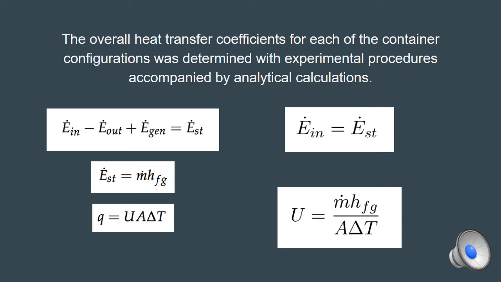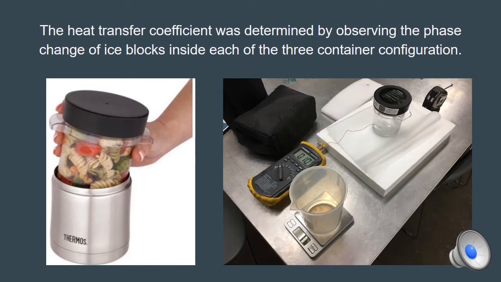For the purposes of this experiment, the heat transfer through the cylinder can be considered one-dimensional if the temperature gradient is only in the radial direction of the container. The heat transfer coefficient was determined by observing the phase change of ice blocks inside each of the container configurations.